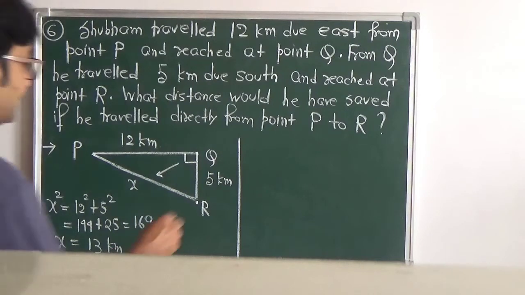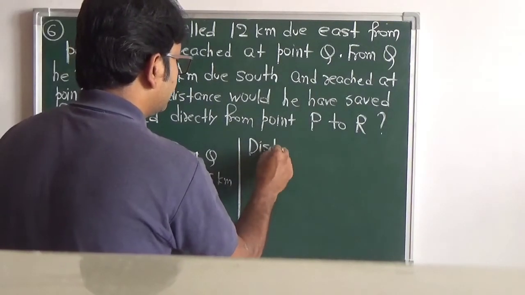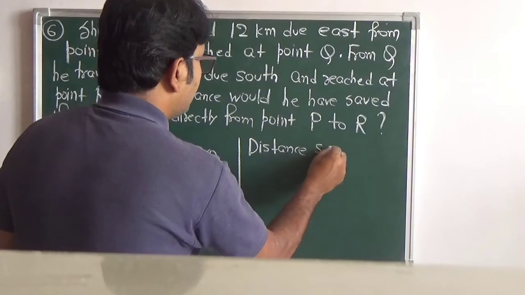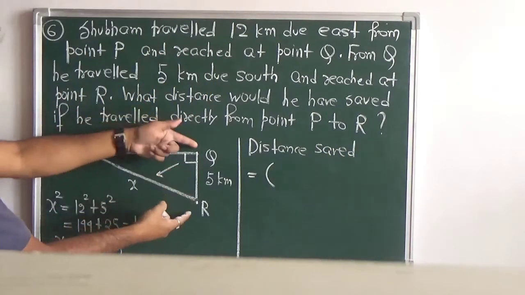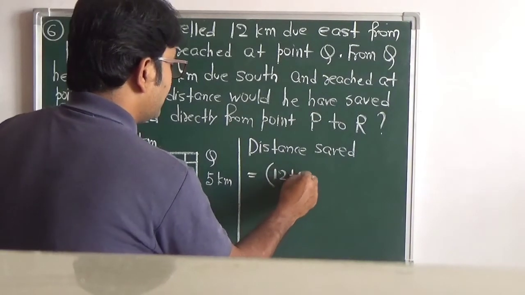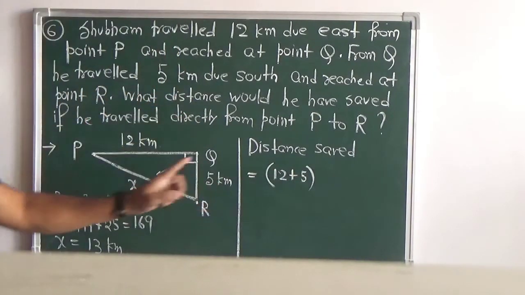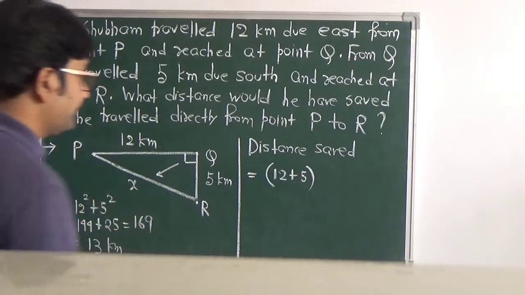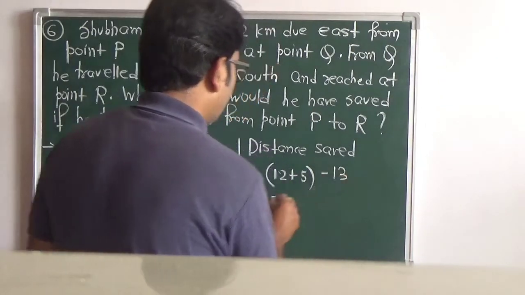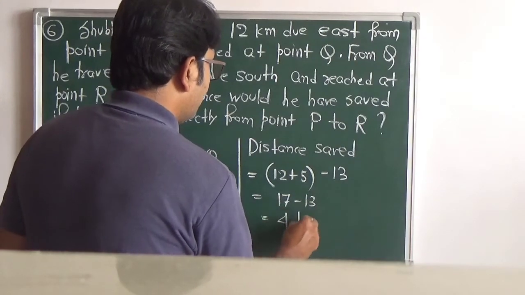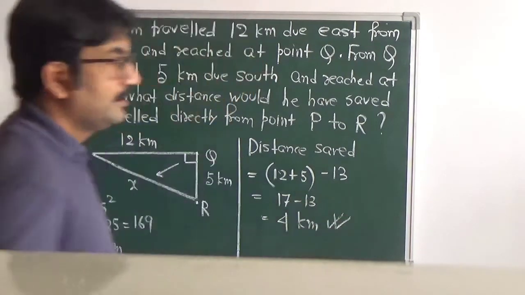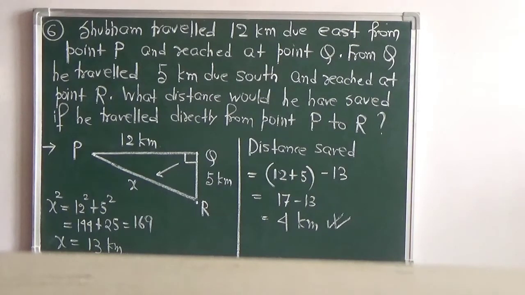The distance saved is the total distance minus the direct distance, so 17 minus 13, and that is 4 kilometers. So the 4 kilometers is the distance he would have saved if he had traveled from P to R directly.